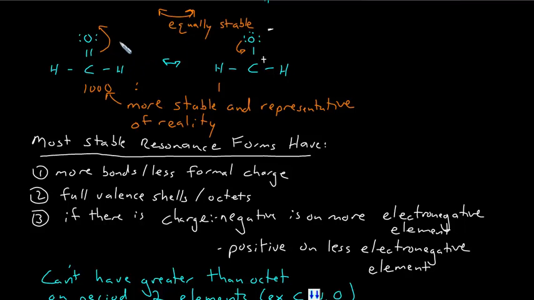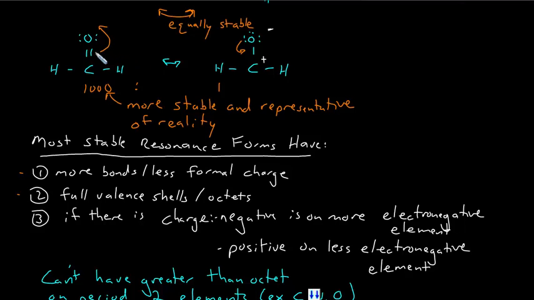This is another resonance form of this carbonyl, but this one is much more important because it's got more bonds and less formal charge. It's got full valence shells, so you can see that here. We've got 4 bonds instead of 3, and we have no formal charge instead of a negative charge on the oxygen and a positive charge on the carbon.